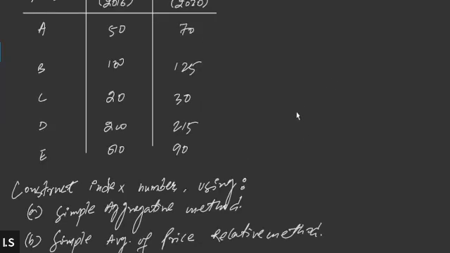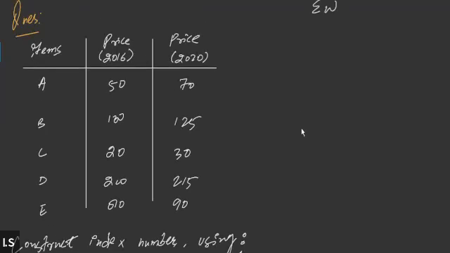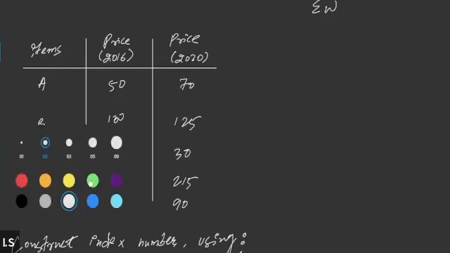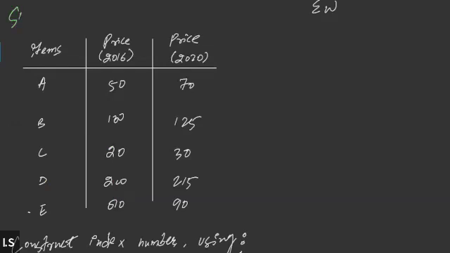So I hope the question is clear to you, Alexander and Steve. Yes, sir. Okay, now we will be solving this question. Firstly, we will calculate the index number by the simple aggregative method. In the solution, you will have to note this entire table again.